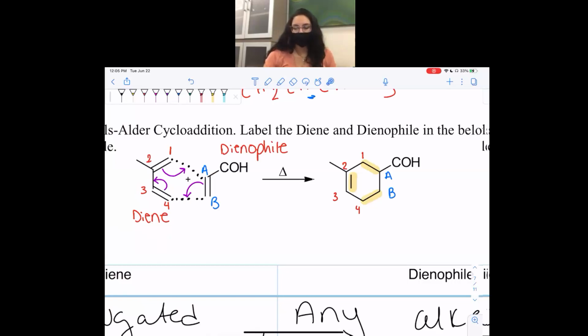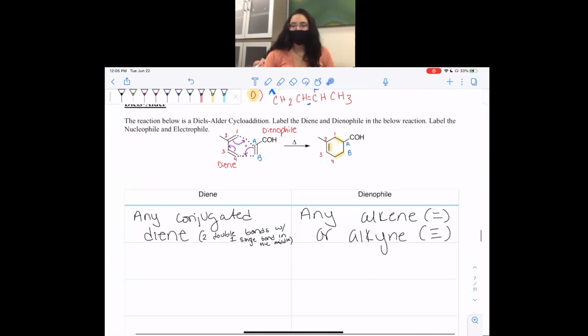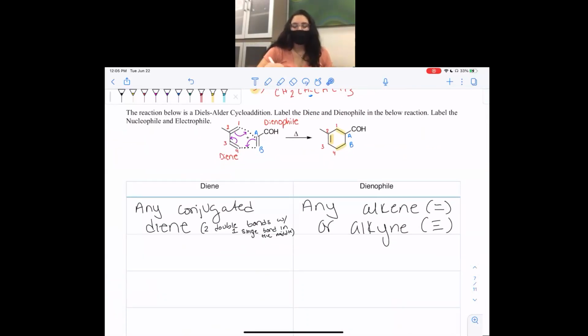All right, so now that we've seen this reaction a little bit, do you think we could do this if the diene was facing the other way? So if it was like this, do you think we would be able to do the reaction? No, exactly.